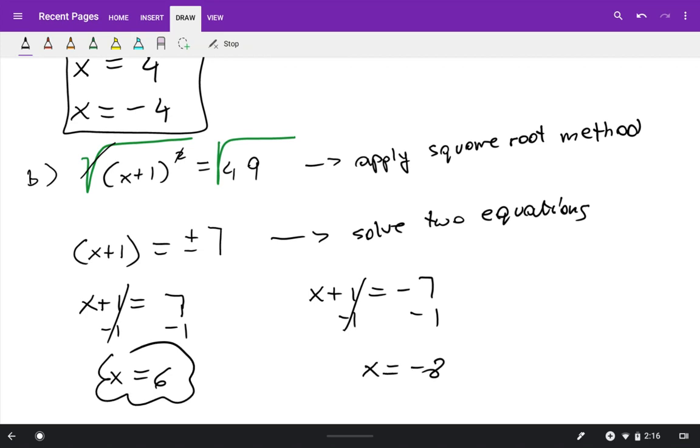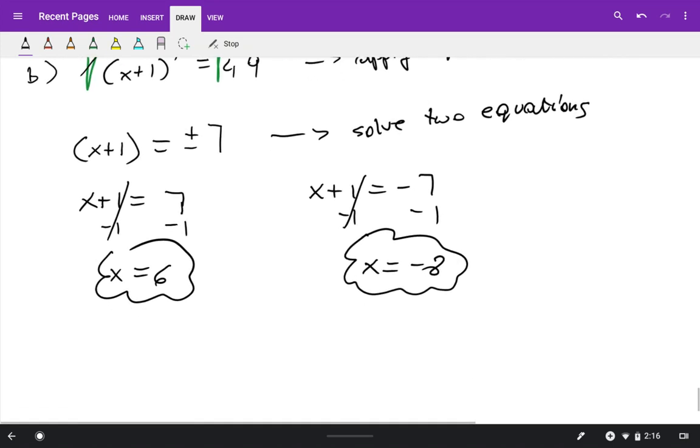So we have two solutions, and like you see, it's worth it to solve it with square root method if you can, because you're quickly getting that solution. So the solution set is negative 8 comma 6.